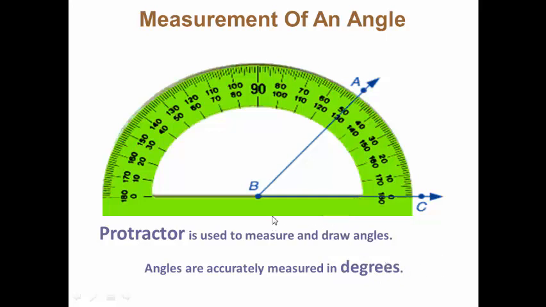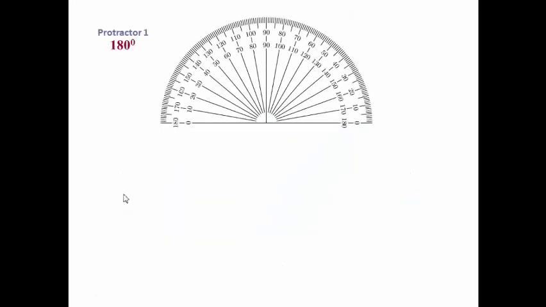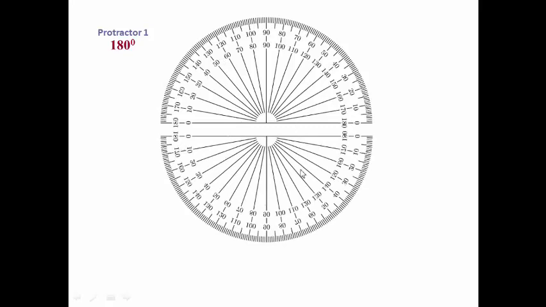Before the example, I want to tell you something. Here I have one protractor, and it starts from 0 to 180. Let's imagine if I have one protractor like this, it's 180 degrees. This small o up here means degree. 180 degrees, and I have another protractor here, protractor 2, also 180 degrees.